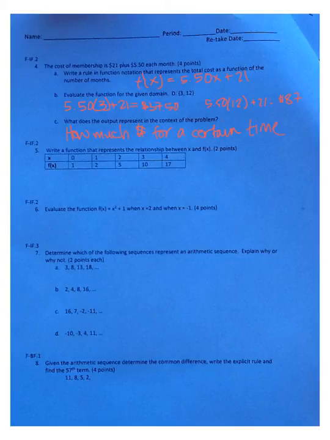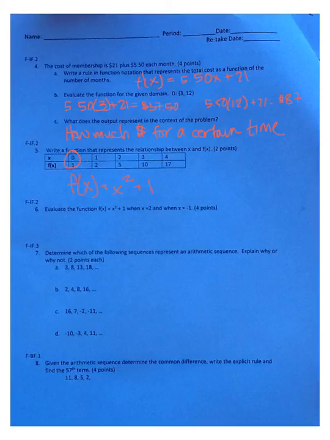Write a function that represents the relationship between x and f of x. So we have f of x equals, when you look at those relations, you know you're going to have to multiply and then add something, right? In this case, we're multiplying by itself, so we're taking the x and squaring it and adding 1.